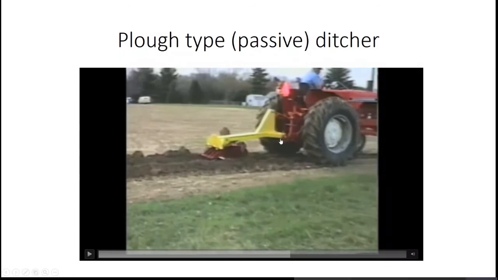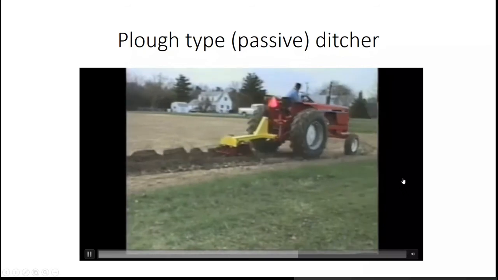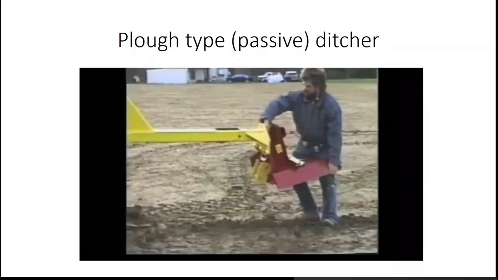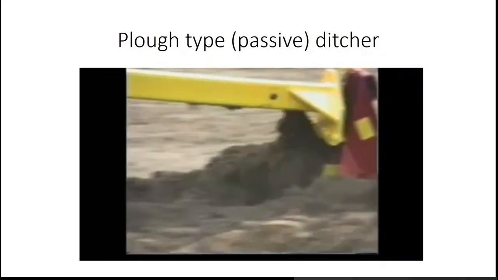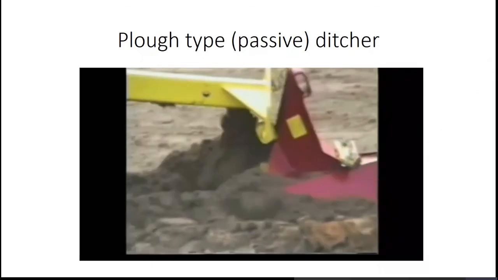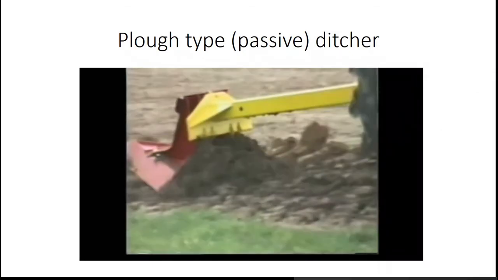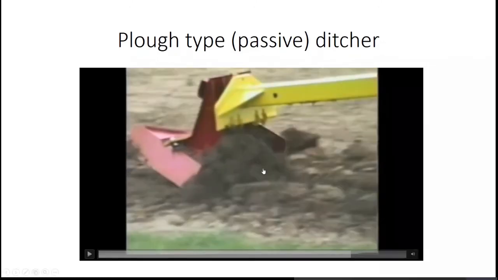One on this side is visible, the other side is not visible. This is your top link, this is one of the bottom links. For closing the ditch.